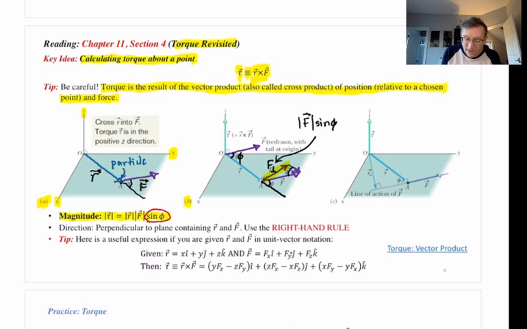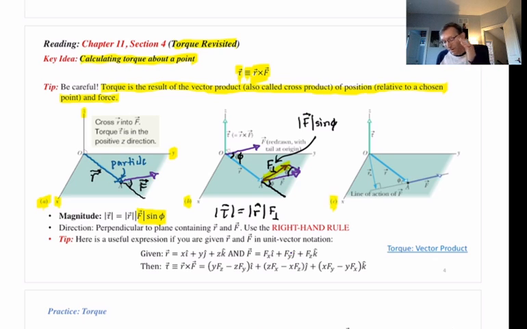So in the formula over here, I could take the magnitude F sine phi part and just replace it with F perp. And then I get the formula that the magnitude of the torque is magnitude R times F perp. That was one of the alternative ways for calculating torque in chapter 10. And we're just showing you that this new way is equivalent to that, so that we haven't really changed what we're doing. But now let's look at one more picture, picture C.